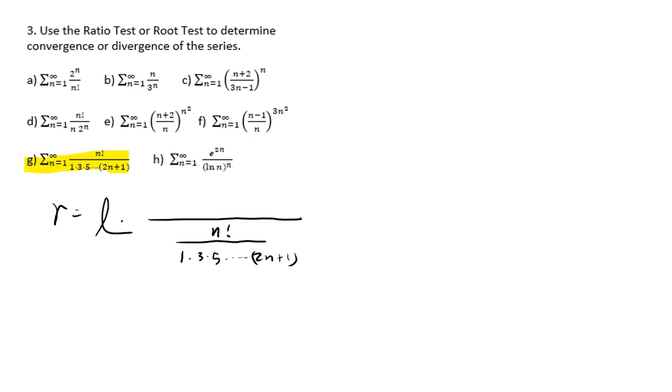On the top, you just replace n by n plus 1. Well, let's see. What is 2n plus 1 if you replace n by n plus 1? This is what you get if you took 2n plus 1 and replaced n by n plus 1. And that's 2n plus 2 plus 1, 2n plus 3.